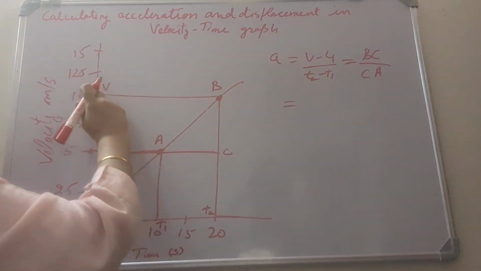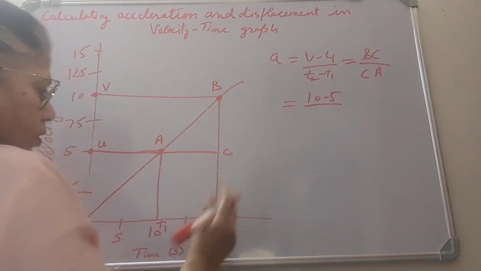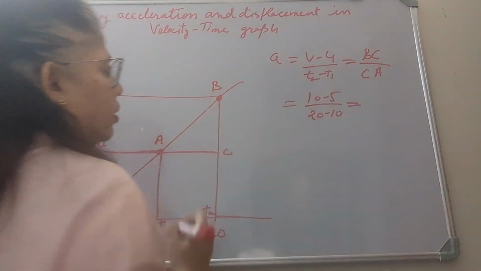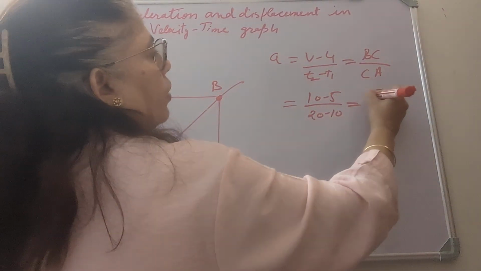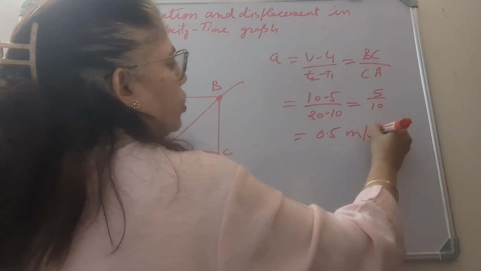So we can calculate here 10 minus 5 upon 20 minus 10. This is 5 upon 10, 0.5 meter per second square.